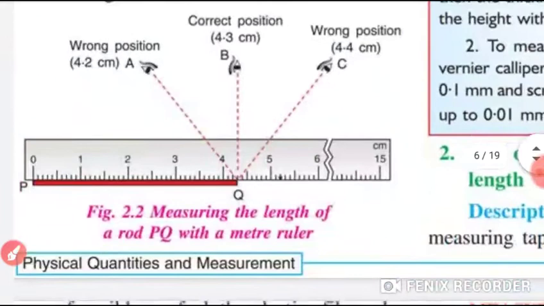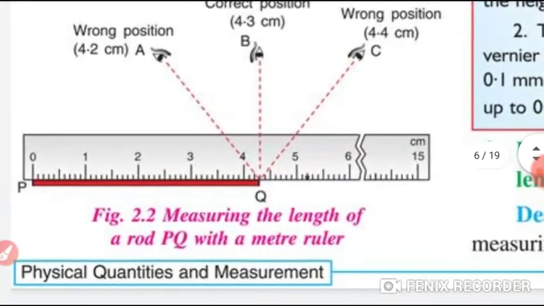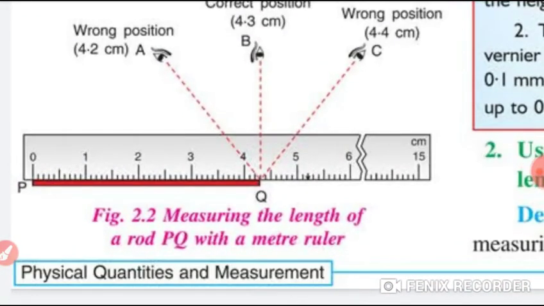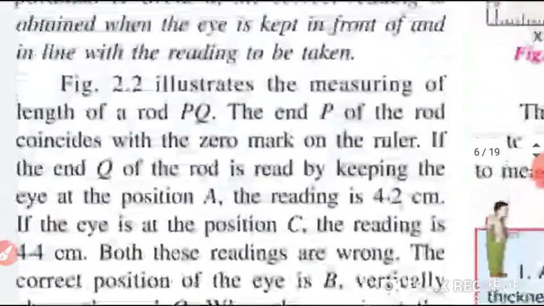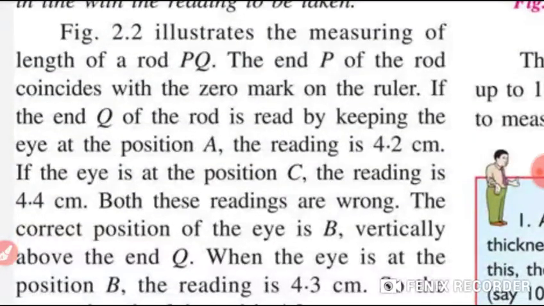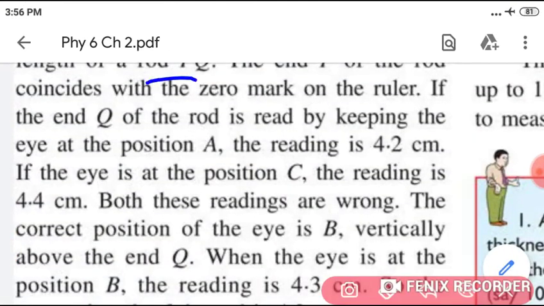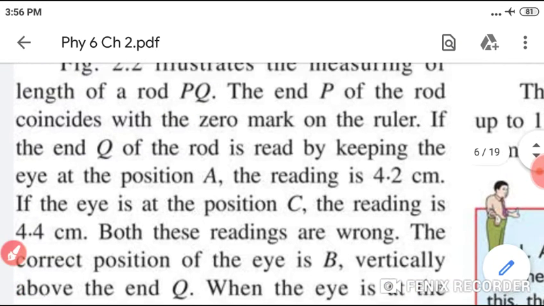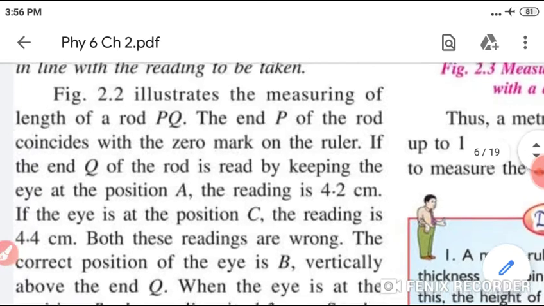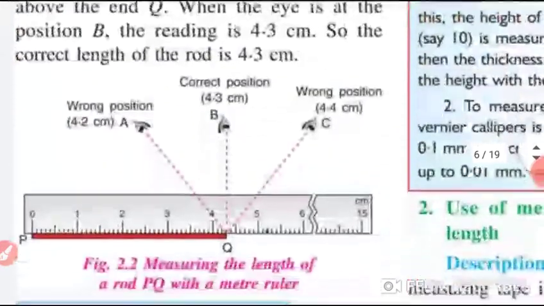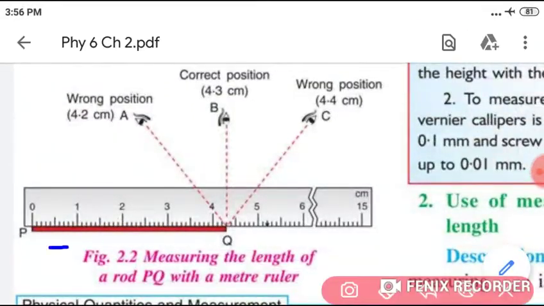Figure 2.2 is there. Are you looking at this figure? Here is the measuring of the length of rod PQ. The end P of the rod coincides with the zero mark on the ruler. This red colored thing is one object, and this is one scale.